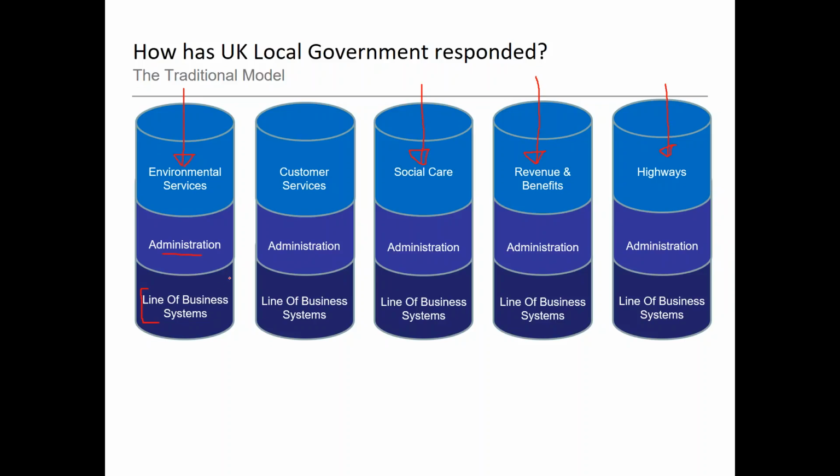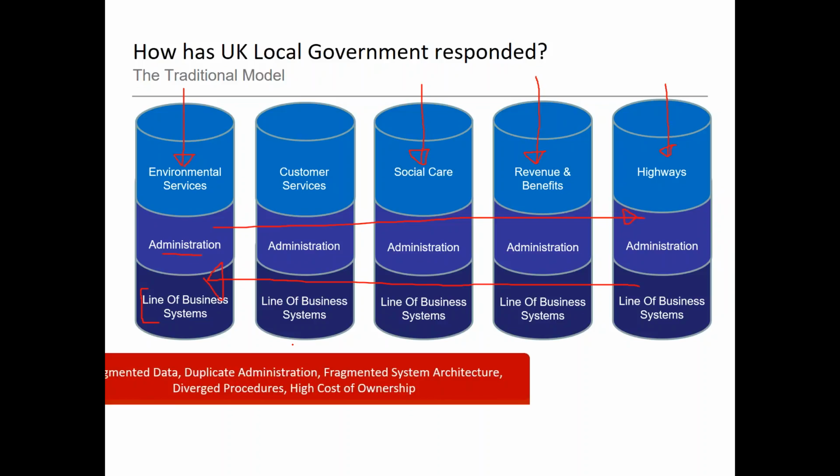Now that presents some significant challenges because at each layer of activity within those specific siloed service areas, you've got some level of duplication, either across administration and often across different line of business systems, or at least lots of different business systems. So that is a model that is increasingly difficult to maintain given the challenges that we've just been talking about.